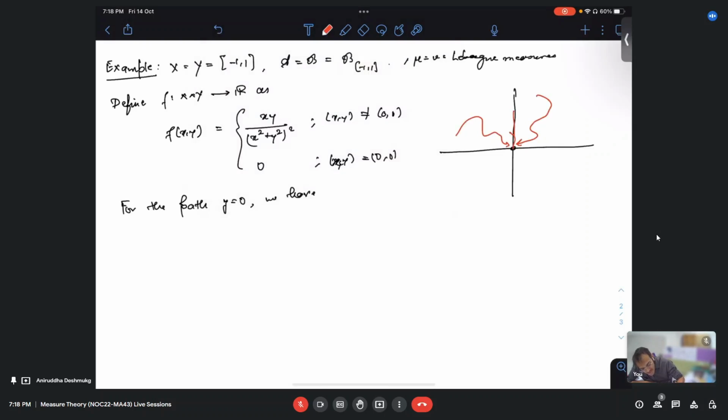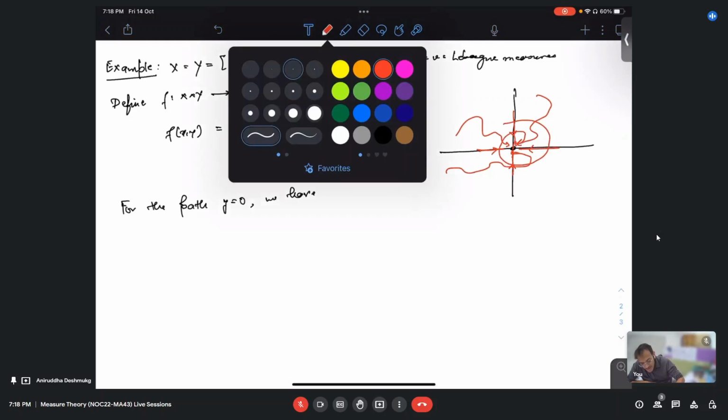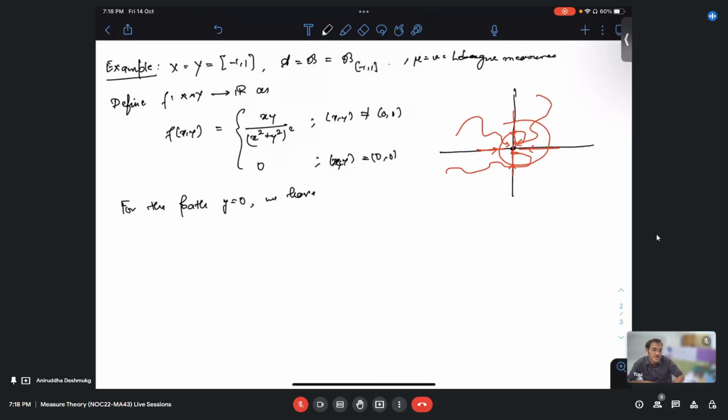So one of the paths is x equal to 0, another path is y equal to 0. Something like this path could also be possible, or perhaps even a spiral path is possible. So along every path, we require that the limit must be the same and it should be the value of the function at that point.